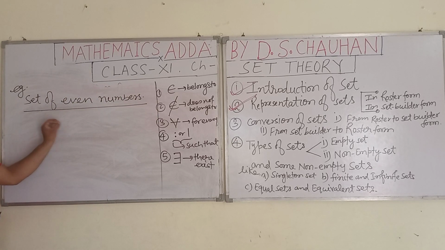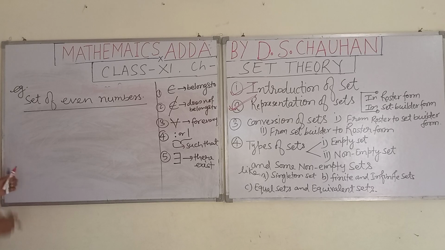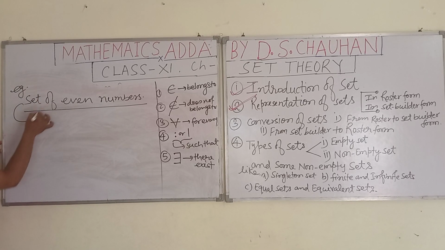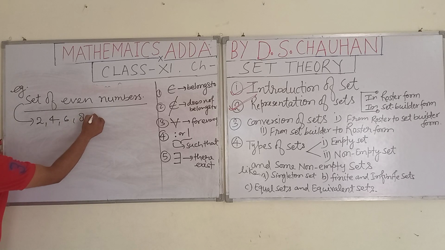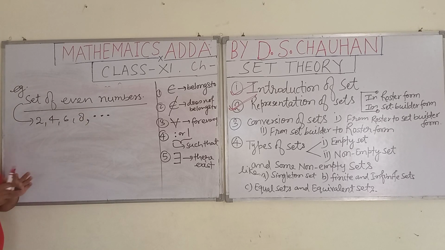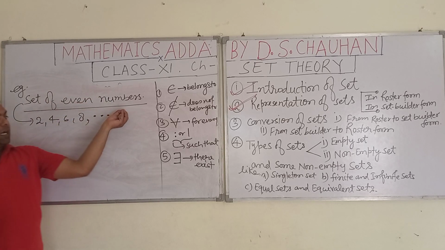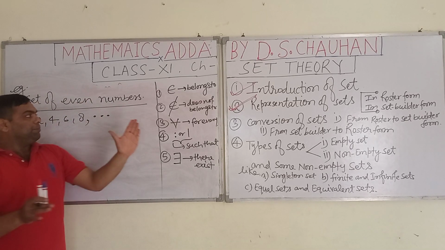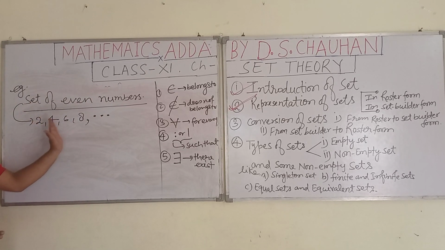Try to understand, students, how to write. Well students, in general, whenever you are writing set of even numbers, it will start from 2, this is 2, 4, 6, 8, and so on. Because how many even numbers are there, nobody knows, but we can write them.